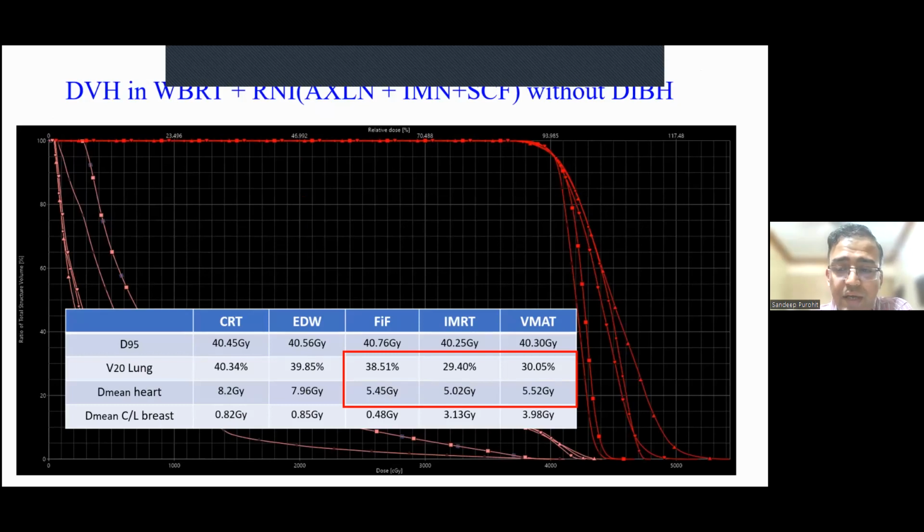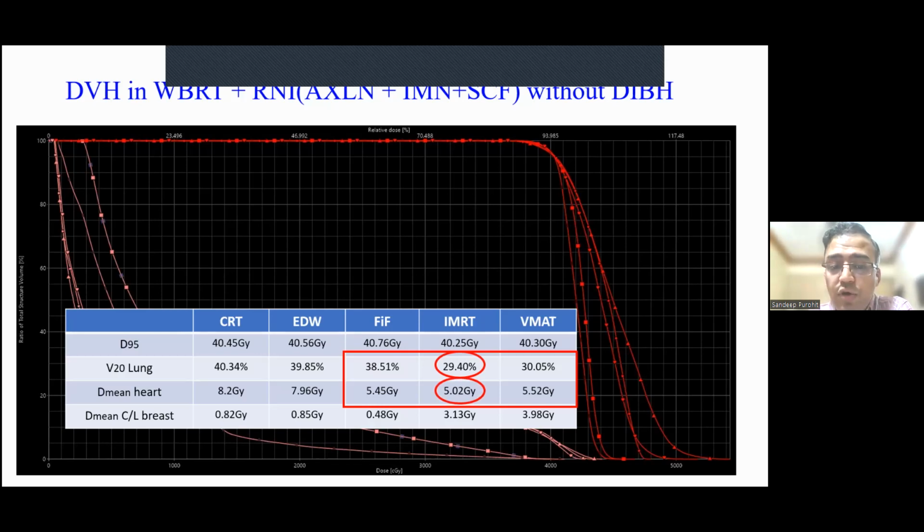And when evaluating, it was seen that V20 of lung and D mean of heart were significantly lower in all these 3 plans, which were field in field, IMRT, and VMAT technique. With IMRT, V20 lung was the minimum, around 29.40, and D mean of heart was the minimum.